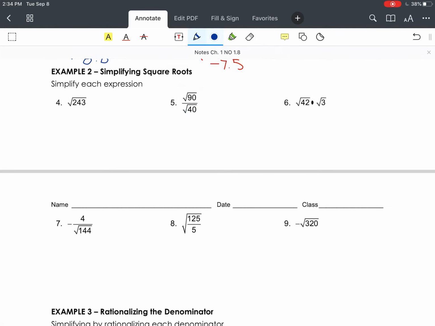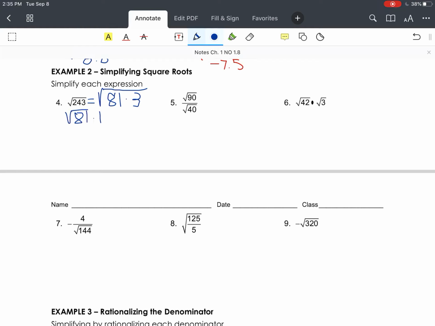Now to simplify. So we saw some examples of simplification up there. To simplify the square root of 243 for number 4, you want to find the largest perfect square that goes into 243. The largest perfect square is 81. So I'm going to rewrite this as 81 times 3, because 81 times 3 is 243.